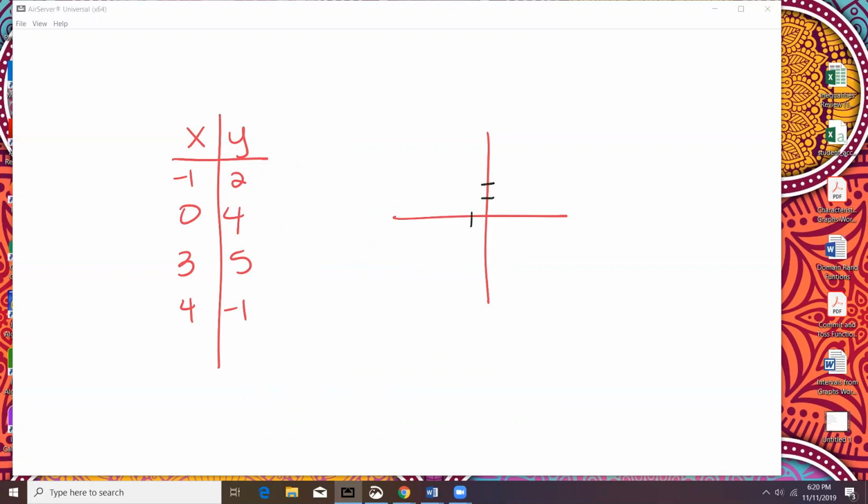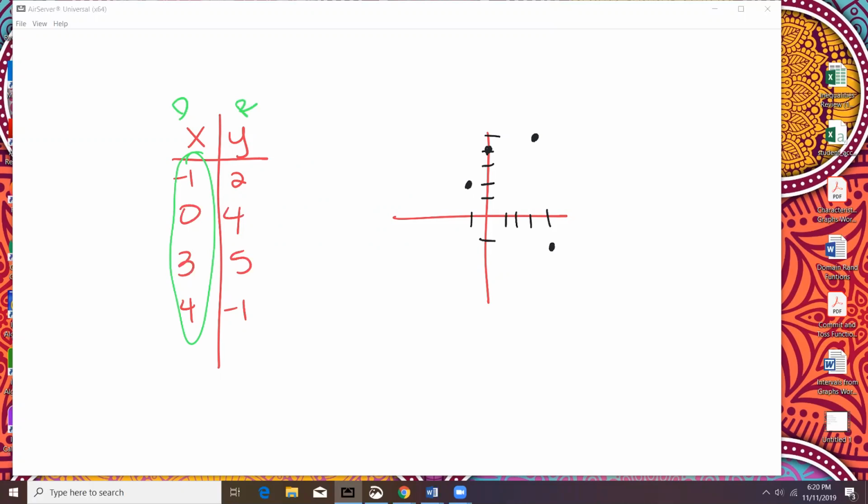So looking at this, the domain is going to be all real. I mean, not all reals, I'm sorry. The domain is just these X values right here. This is the domain, and then this is the range.